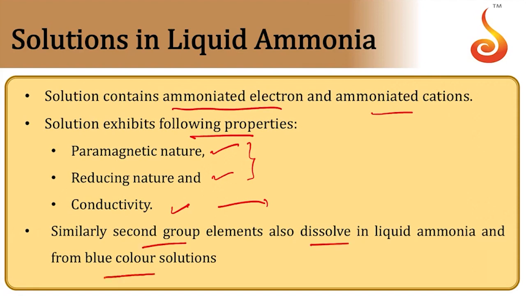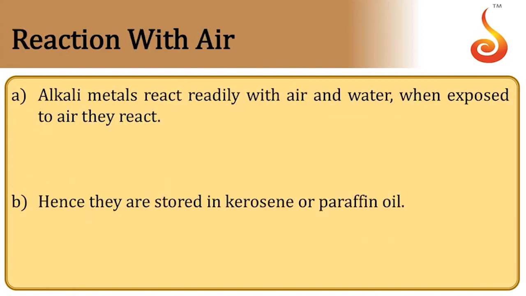Similarly, second group elements also dissolve in liquid ammonia and form a blue color solution. A similar reaction can be written for the second group elements also. So first and second group metals dissolve in liquid ammonia giving a blue colored solution, and the solution contains ammoniated electrons and ammoniated cations. That is the property regarding solution in liquid ammonia.